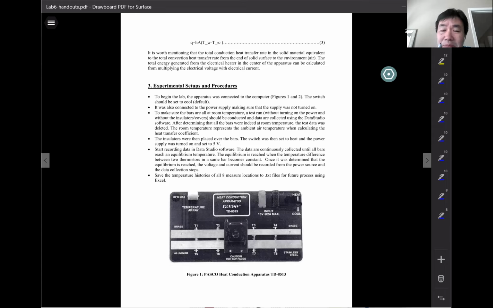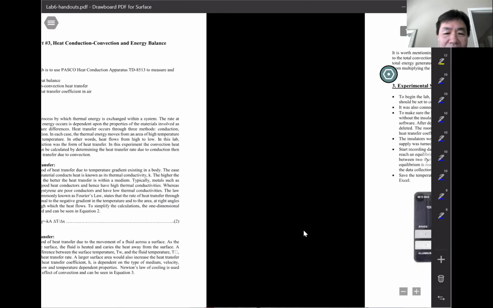It shouldn't be bigger. If it's bigger, then there is some problem with your measurement. So verify whether the total heat generated in the electrical heater equals the summation of the conduction heat transfer in the 4 bars. That's the first task for this lab.